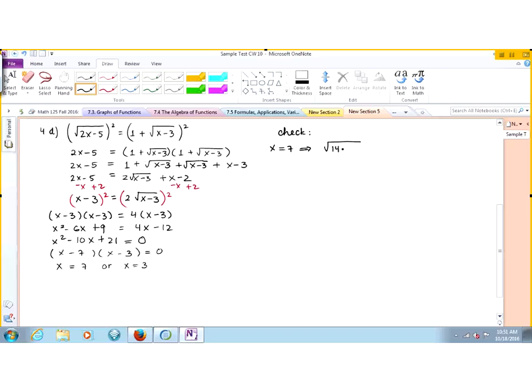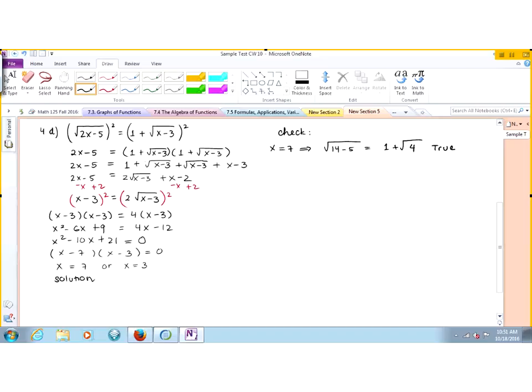So square root of 14 minus 5 is equal to square root of 7 minus 3 plus 1, which is 1 plus square root of 4. Is it true or false? 3 is equal to 1 plus 2? True.